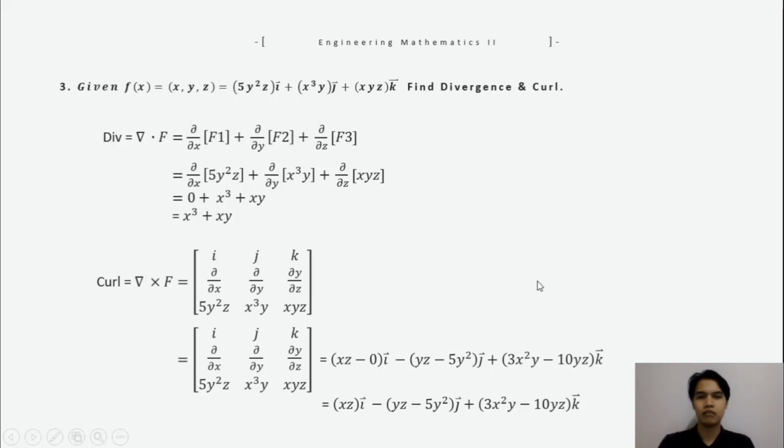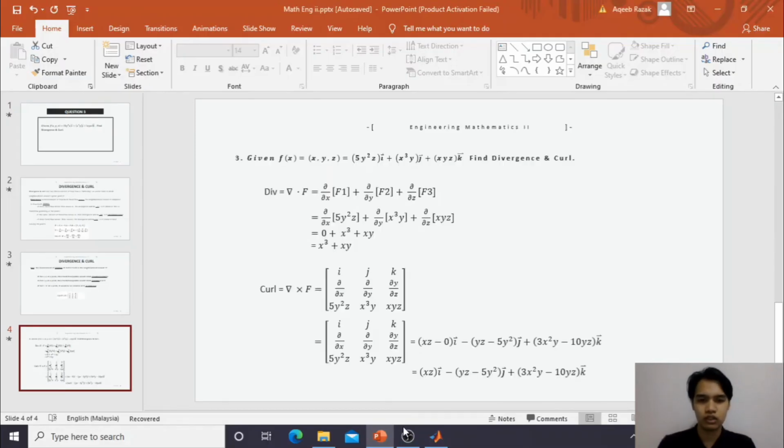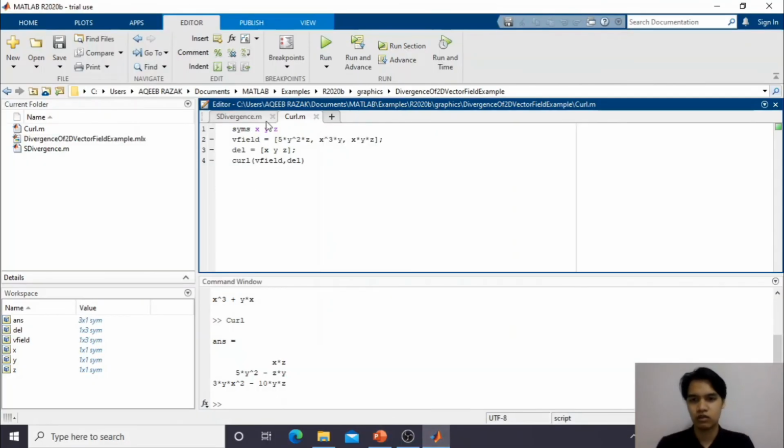Okay, there is another method that we can use to find divergence and curl, that is we use MATLAB. For divergence we just put the code and then we put the i component, j component and k component here, just like the question. 5y to the power of 2z for the i component, for the j component x to the power of 3y, and for the k component xyz.